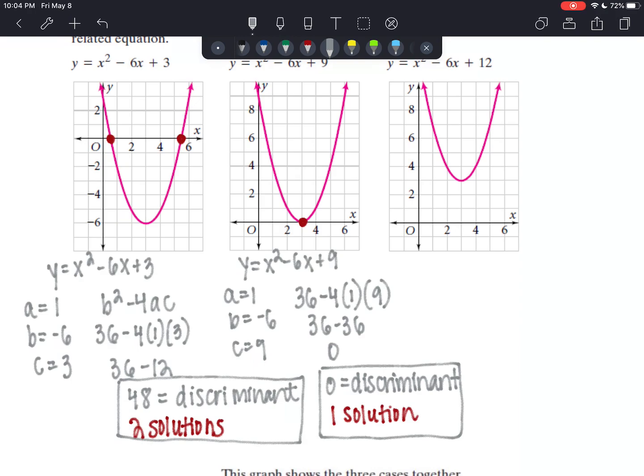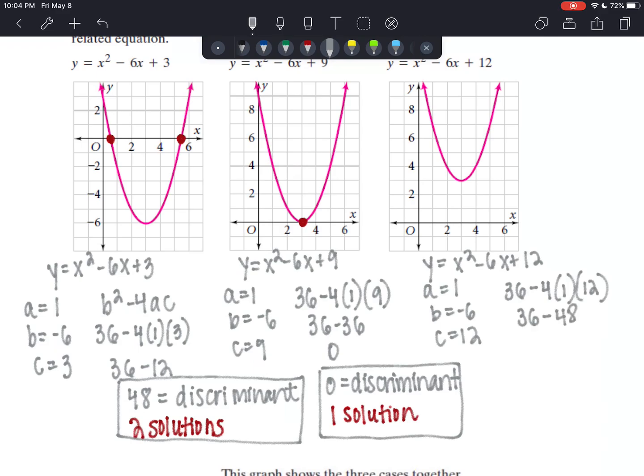Let's see what happens on the next one. Y equals x squared minus 6x plus 12. A is equal to 1, b is equal to negative 6, and c is equal to 12. B squared would be 36 minus 4 times a times c. 36 minus 48 is negative 12.